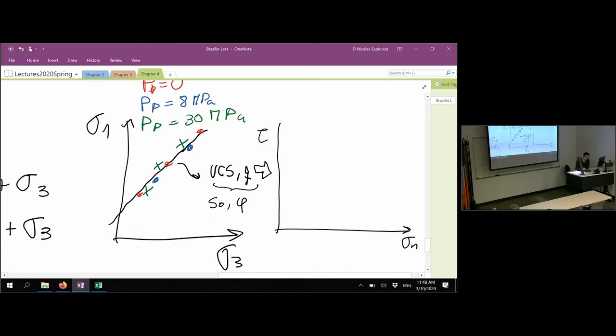So with this line, now you're going to get also a straight line like that.